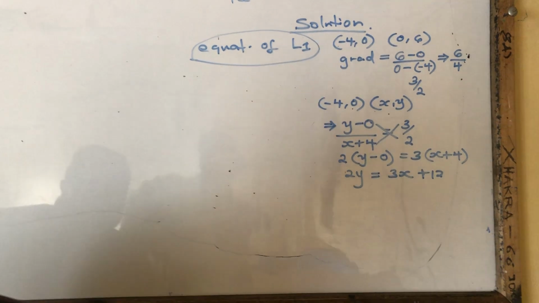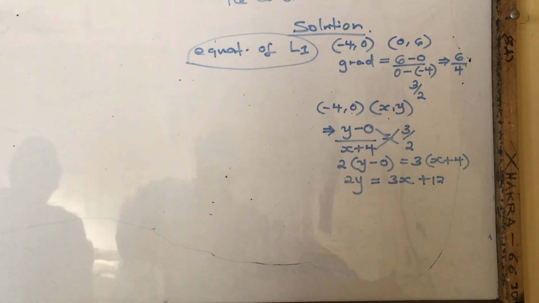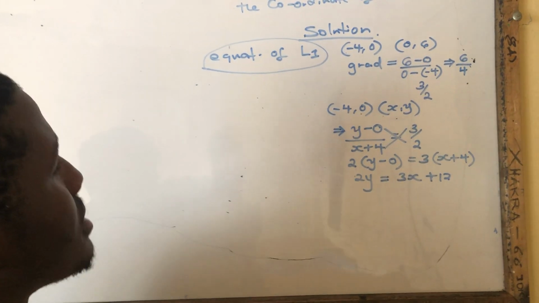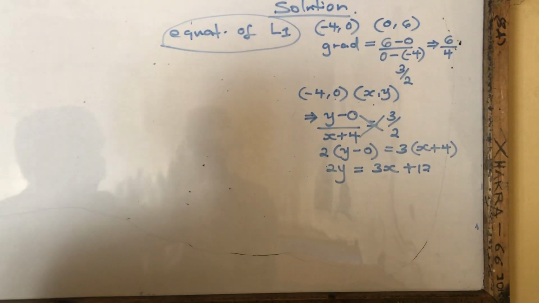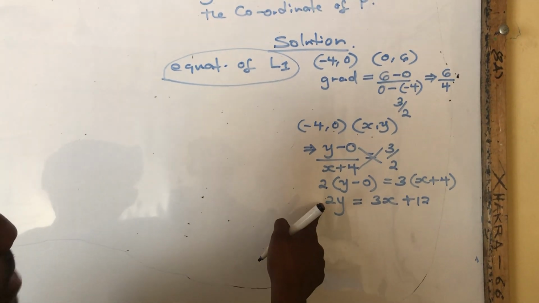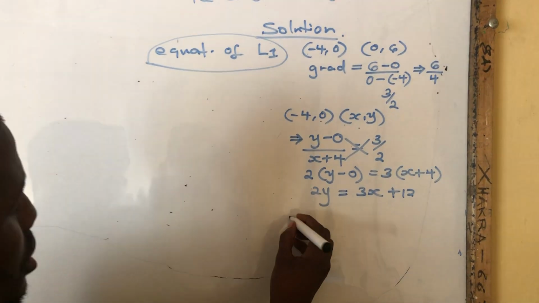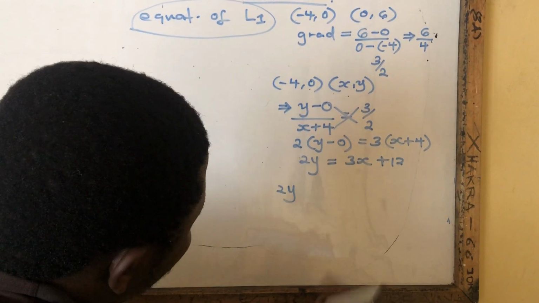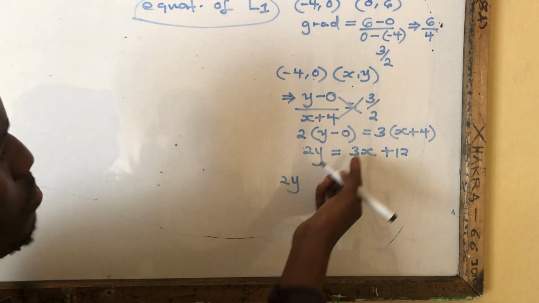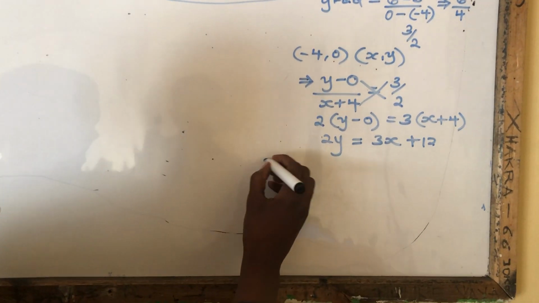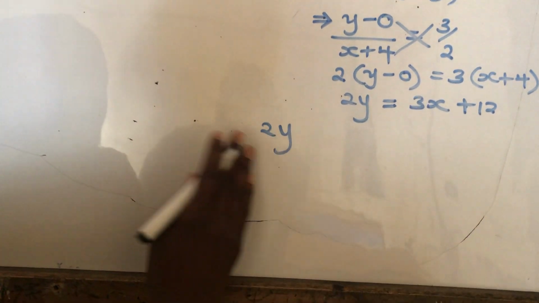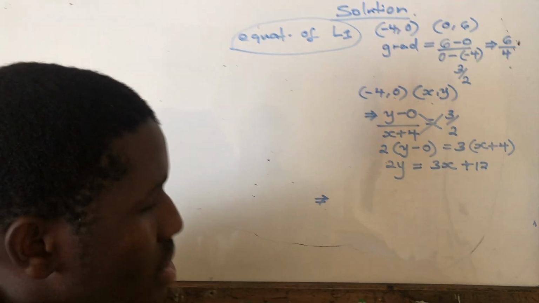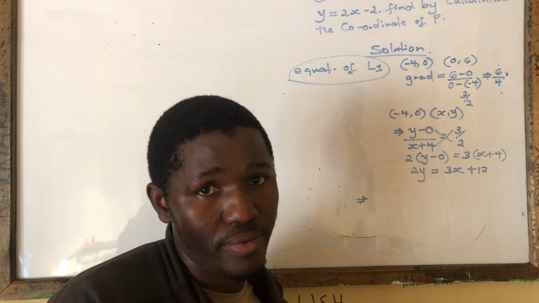This is the equation of L1. Please do take note. How then are we going to obtain the point of intersection? We will pick the equation of line L1, which is 2y is equal to 3x plus 12. But allow me to bring the 3x over. If the 3x is going to cross over, do remember I said that is an optional step.